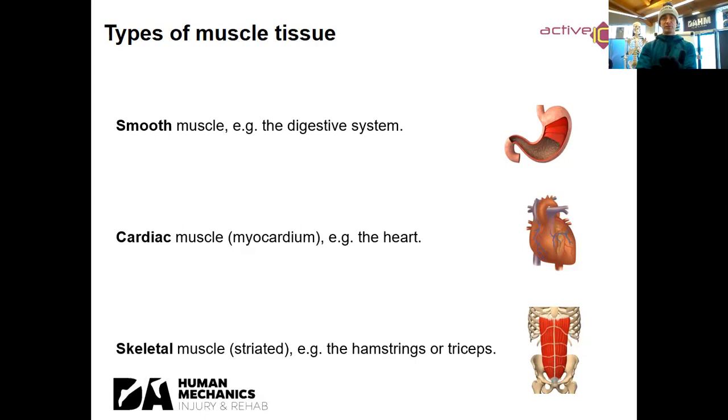The purpose of the cardiac muscle is to contract generally oxygenated blood up and around the body to deliver oxygen to the working muscles, and also to deliver deoxygenated blood back to the lungs to pick up oxygen and then to come back and then travel around the body. That's the function of a cardiac muscle.